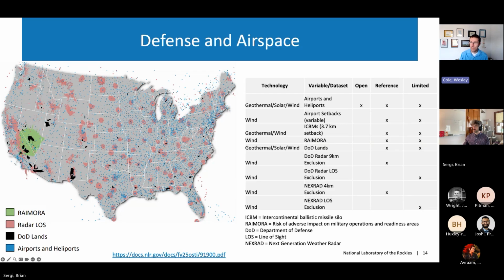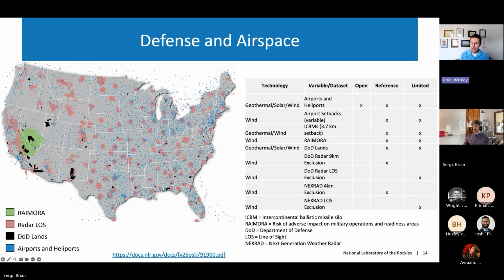And then you'll see farther down Department of Defense radar exclusions, and then radar line of sight exclusions. The reference just has the 9-kilometer radar exclusion. The limited has a radar line of sight exclusion, which is more restrictive than just the 9-kilometer exclusion. So this gives a sense of how these things are handled under the different siting regimes.